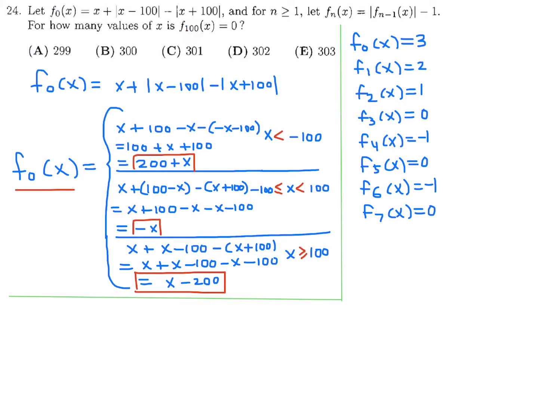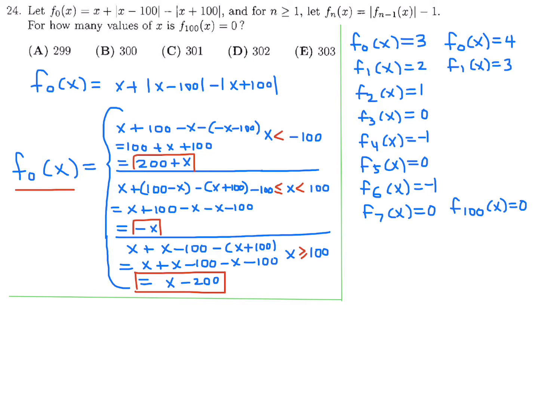So that tells me that I must start at f at 0 x being an even number, like 4. And if I did that, then once I go through this process, I will get to a 0 for f at 100.